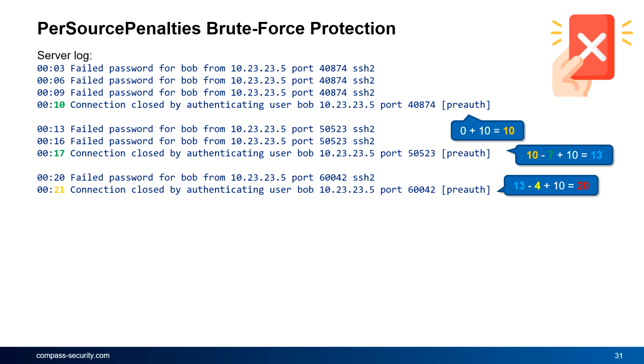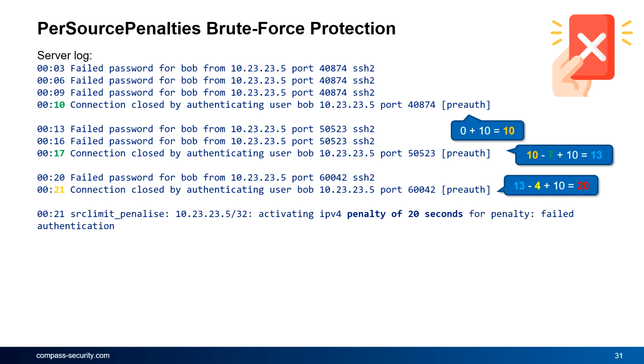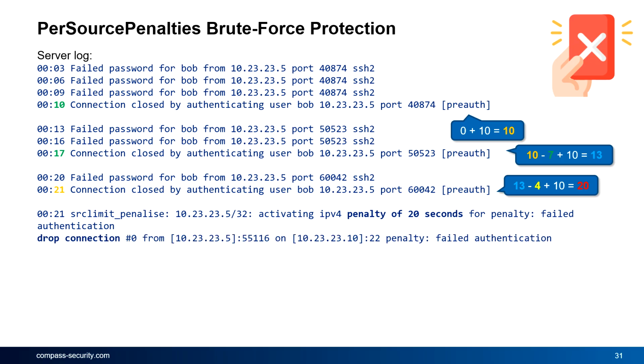This now results in a total of 20 penalty seconds, and then the service will say, okay, this IP address now has a penalty of more than the configured 15 seconds, in this case 20 seconds, and this is now enabled. So every time now the client establishes a new connection, this connection will be dropped.